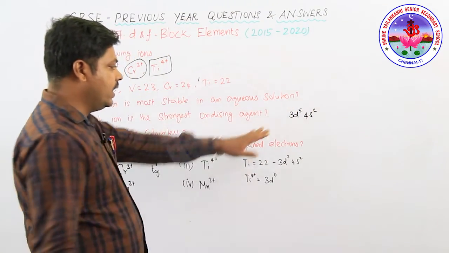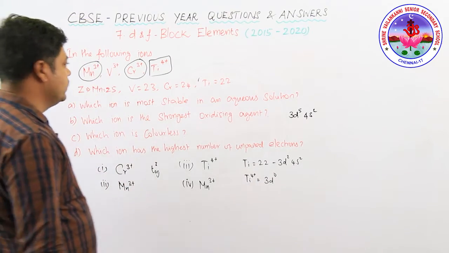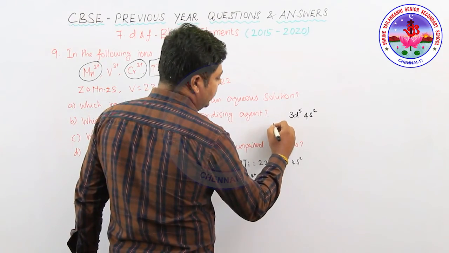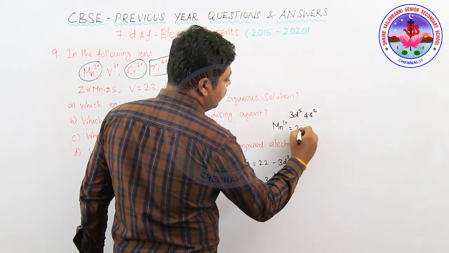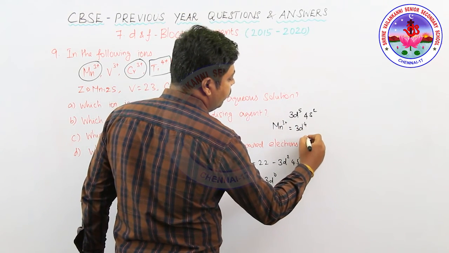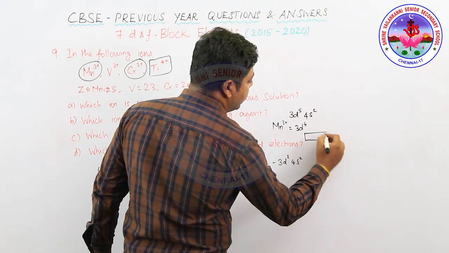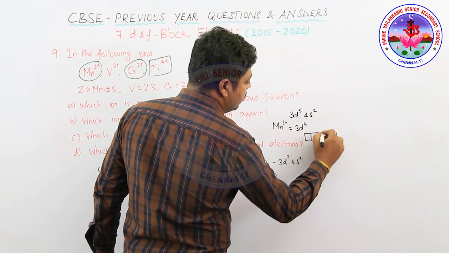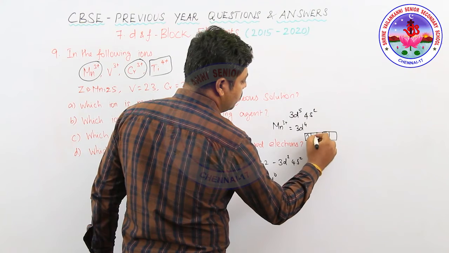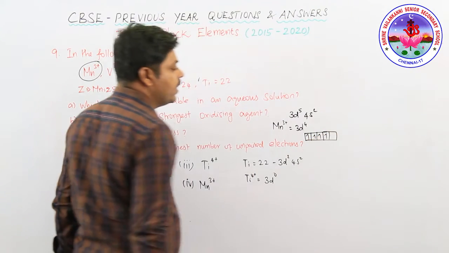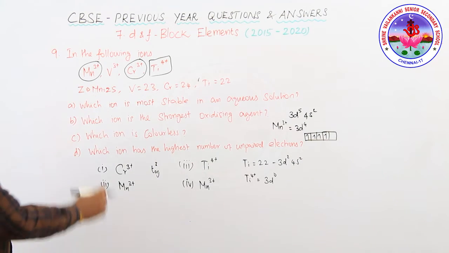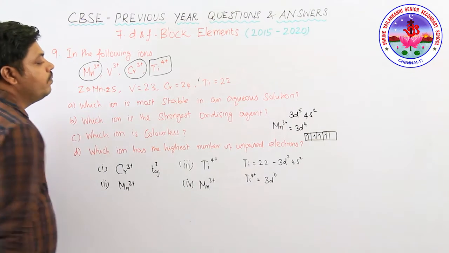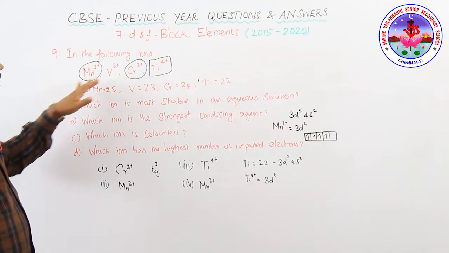Mn3 plus means the removal of 3 electrons, so it becomes 3d4. 3d4 means 4 unpaired electrons are present. So that is why Mn3+ has the highest number of unpaired electrons among the given ions.